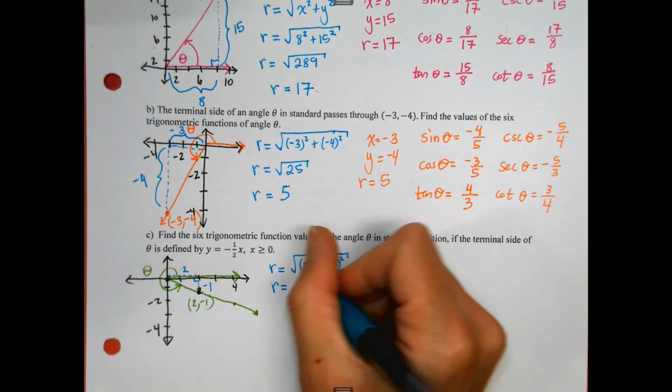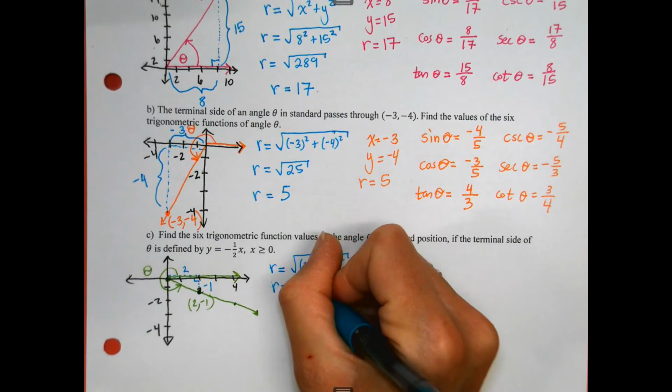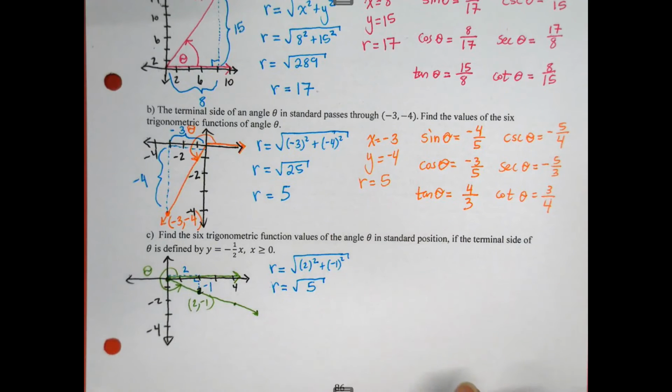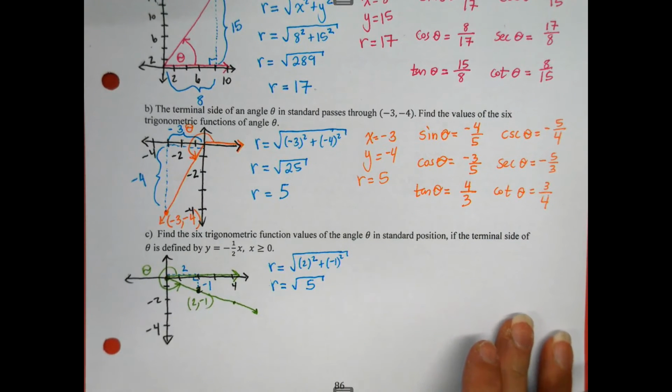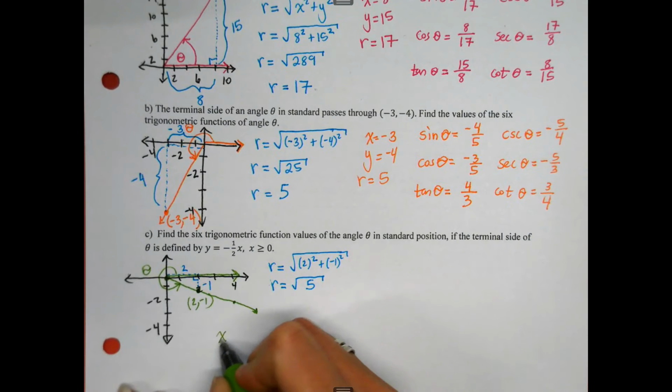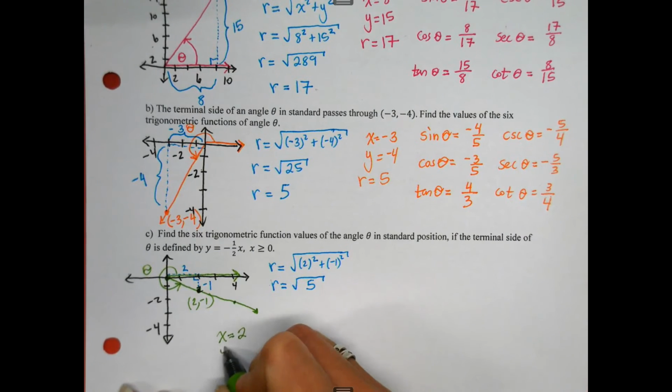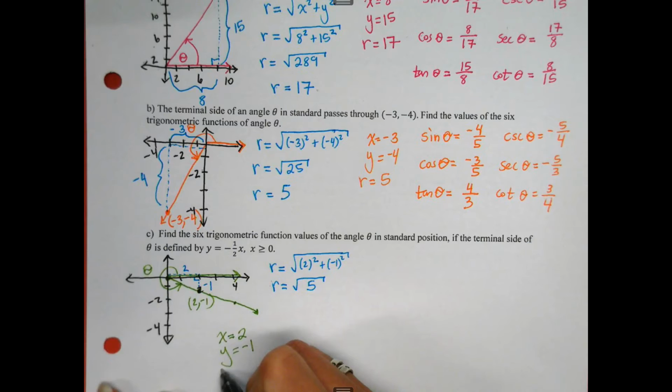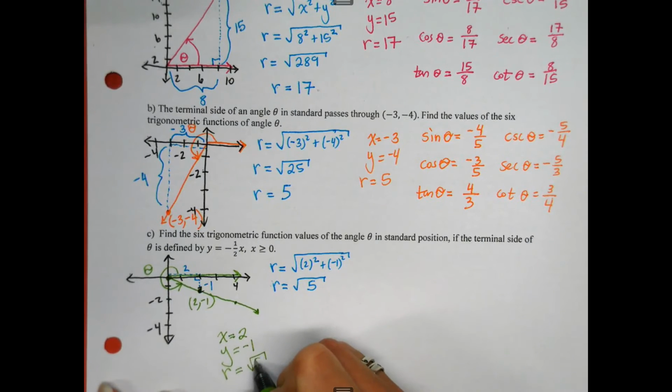Therefore, r is the square root of 5. And we don't want to do anything with that. We just want to leave it as the square root of 5. So in my case, my x is 2, my y is -1, and my r is the square root of 5.